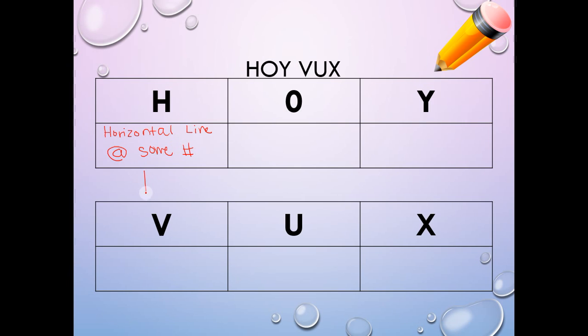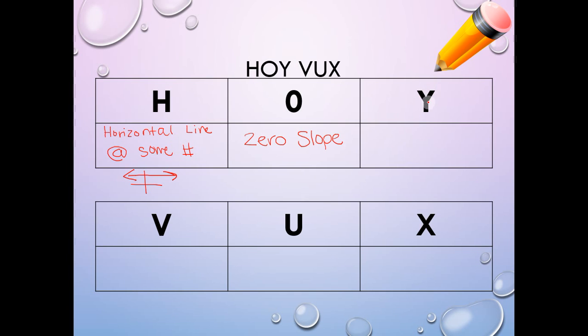I have my coordinate plane right here, and I have a horizontal line. A horizontal line looks something like that. A horizontal is a horizon. That's why it's a left and right line. So now this O is actually a 0 because a horizontal line has 0 for slope. If you guys remember slope, dude, this was 0 fun.